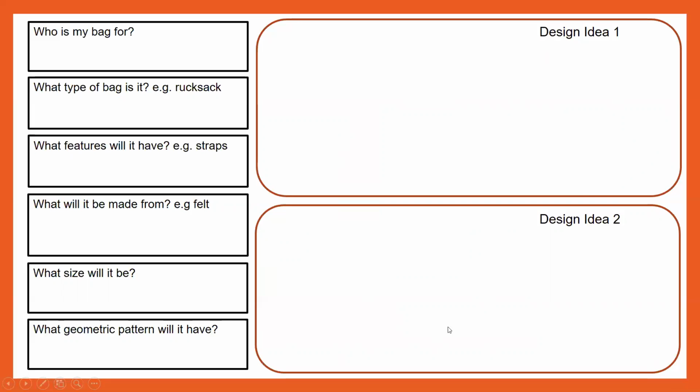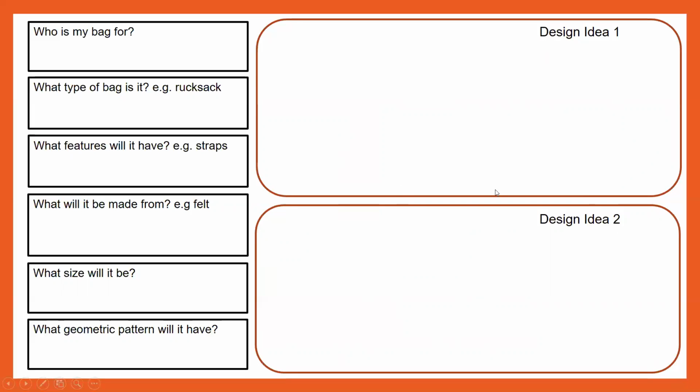Now what you need to do here is draw 2 different ideas about the bag that you are going to make for Teddy, following the prototype ideas and the design specifications that you've been given. Thinking about things like the embellishments, what features it is going to have.